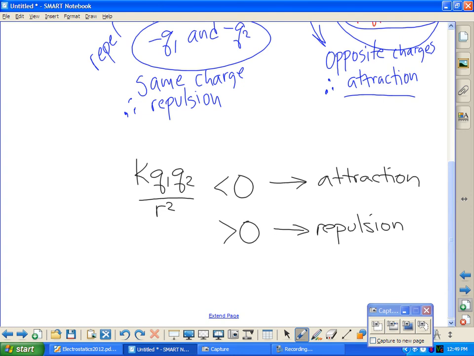So let's stop and take a minute to consider how terribly we have abused these two symbols. When you see plus or minus, let's see if we can generate a list of what these symbols might be used to indicate.